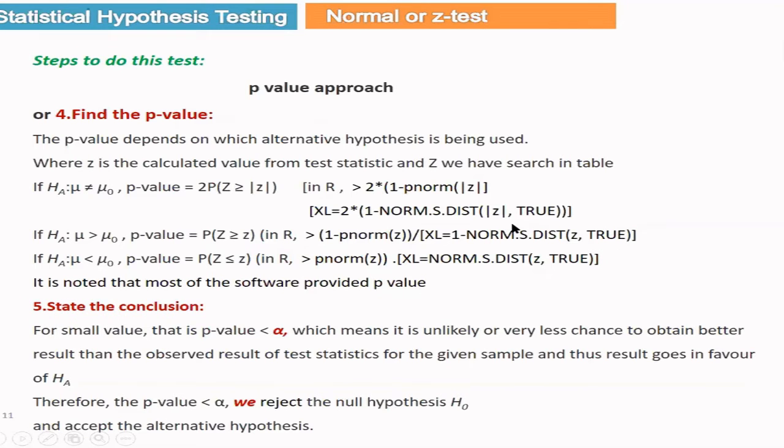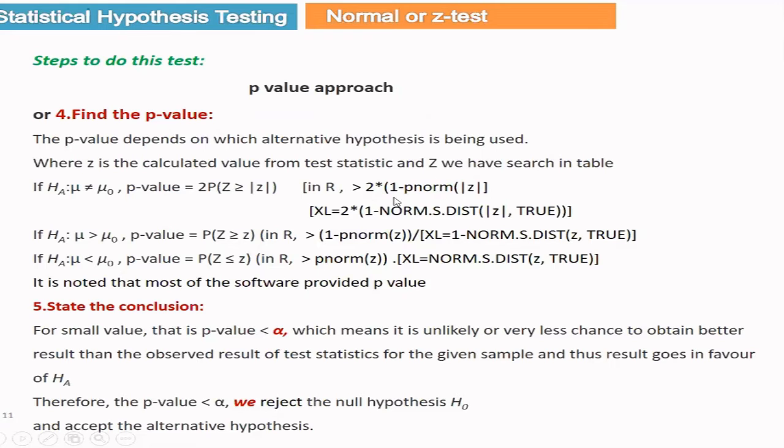If you follow as I told, we can do the critical region, and also we can do the p-value. For step number 4, we can use the p-value approach. You get some value of z, and the p-value will be 2 times the probability that Z is greater than the positive value of that z. In R, you can get it as 2 multiplied by 1 minus pnorm of the positive value of z.